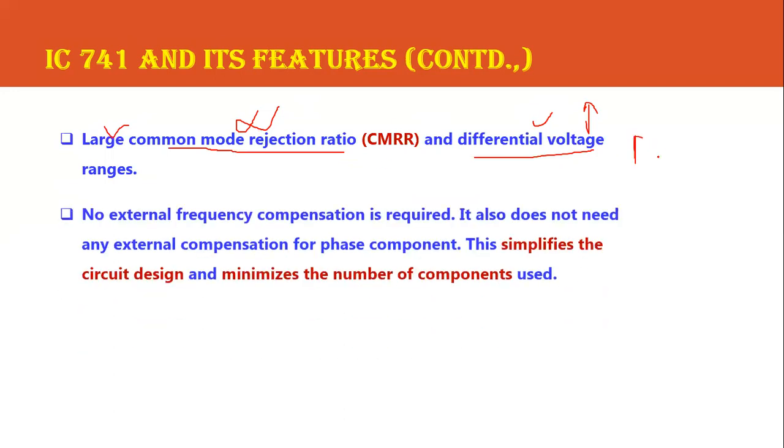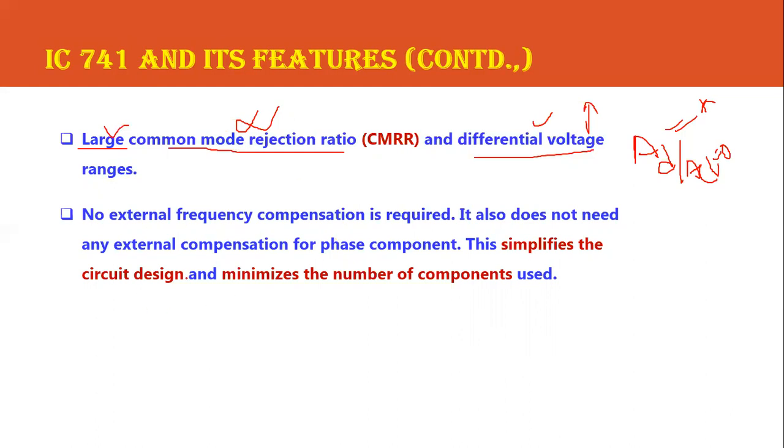If we reduce the common mode gain to 0, and the differential gain is some high value, it automatically produces CMRR equal to infinity. But practically, for IC741, the CMRR is a very large value, and the differential voltage range is also large.